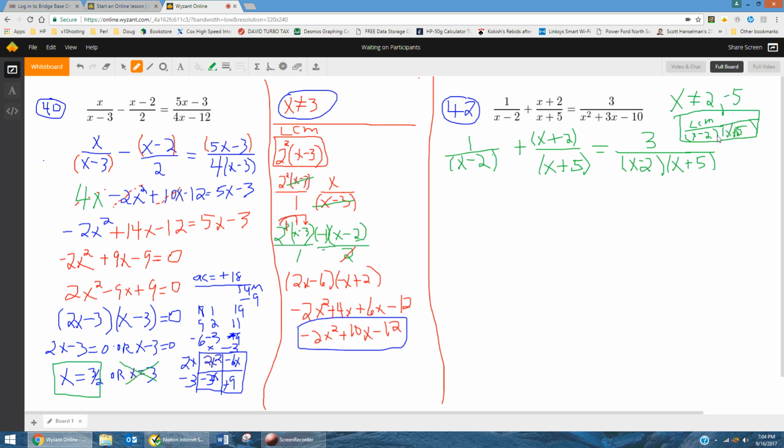So I'm going to multiply that LCM times every term. If you just kind of write it up here, you can visualize it. When I take this LCM times the first term, the x minus 2's are going to cancel out, and I'm going to have an x plus 5 times 1.